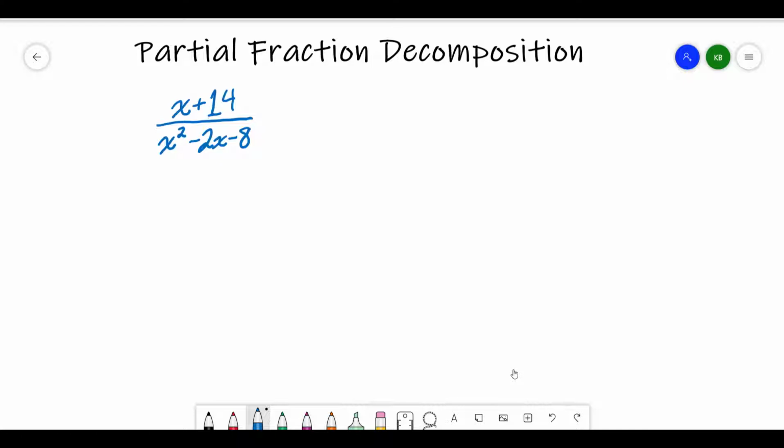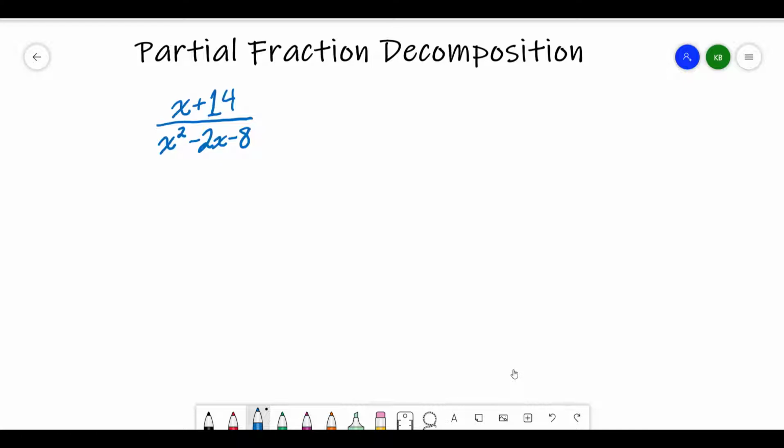Now, if we wanted to do any kind of calculus with this, we would have to use the quotient rule to take a derivative, and we would have to do some substituting if we wanted to integrate. So partial fraction decomposition is an algebra tool that allows us to make this look a little bit nicer and easier to approach with our calculus techniques.